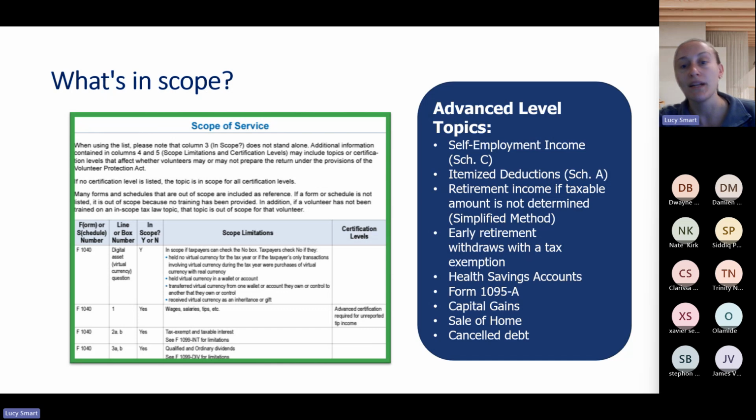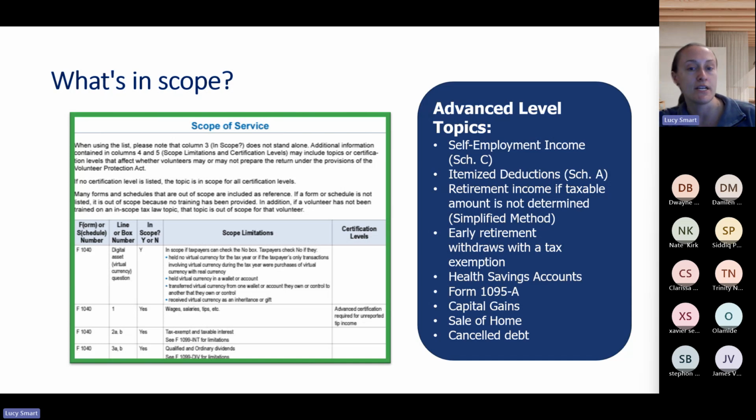That includes self-employment income, so any folks who work as contractors, freelancers, gig workers, itemized deductions, retirement income when the taxable amount is not determined, early retirement withdrawals with a tax exemption, health savings accounts, Form 1095-A or marketplace health insurance, capital gains, sale of home, and canceled debt. These are all topics that we cover in advanced level training, but folks who only have a basic certification cannot complete returns that include these topics.